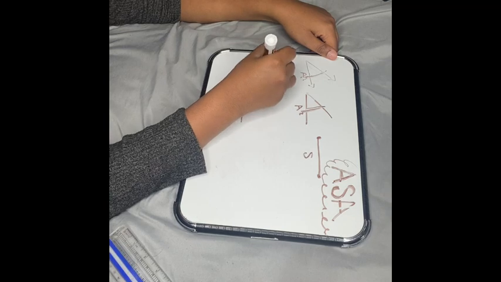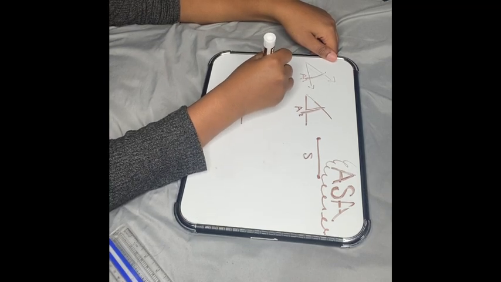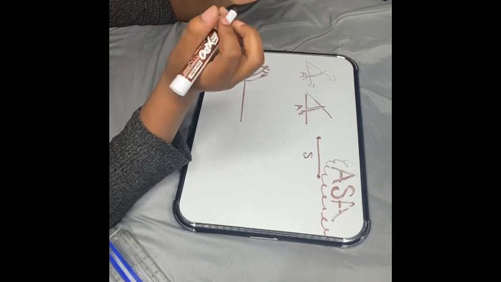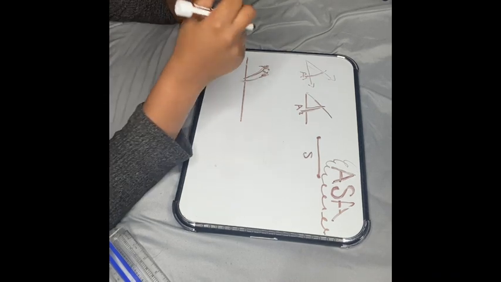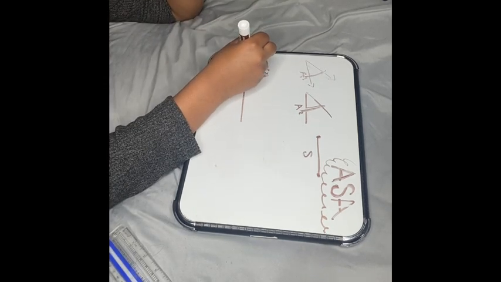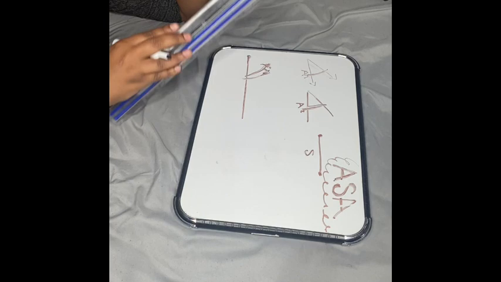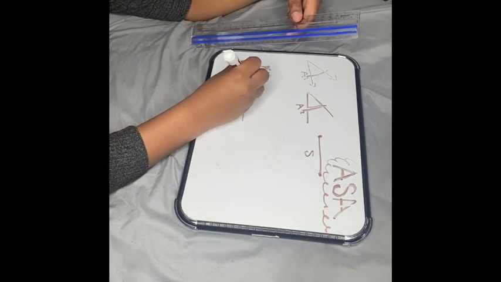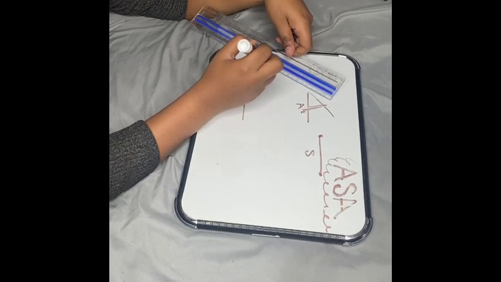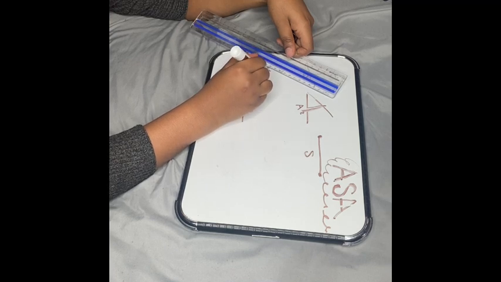So now we have 2 vertices, and we have that one right here. So now we have a total of 3, and we can go ahead, well 4, and connect those dots. So this one should be right there.